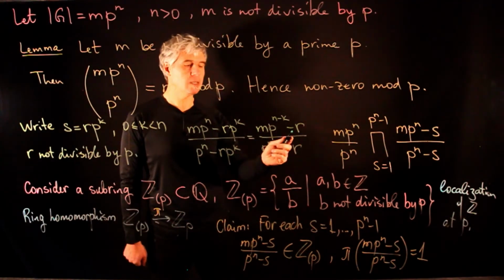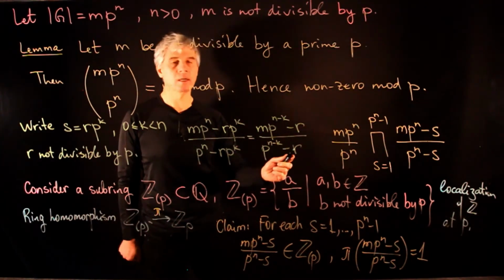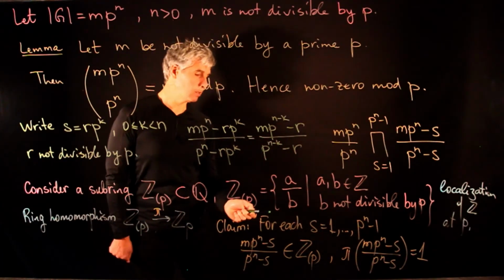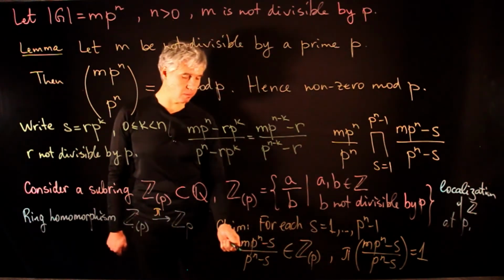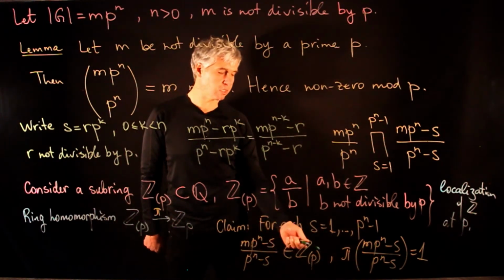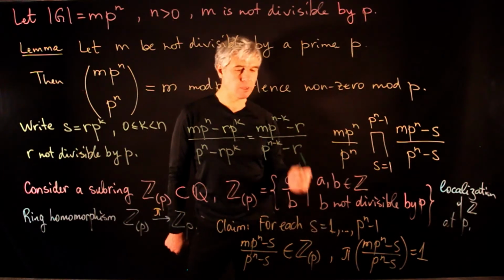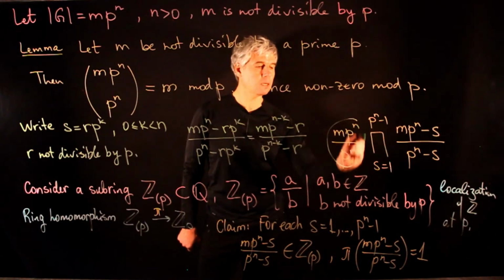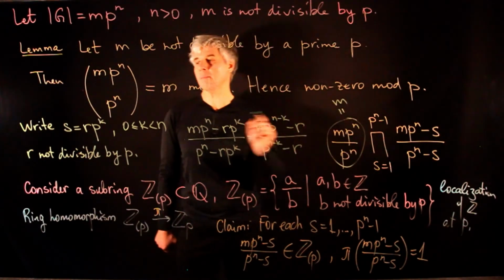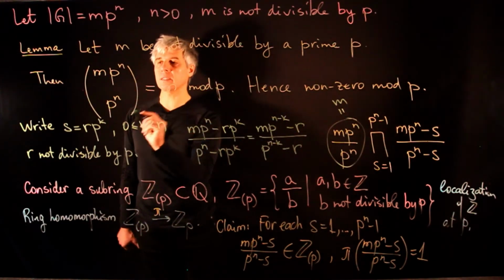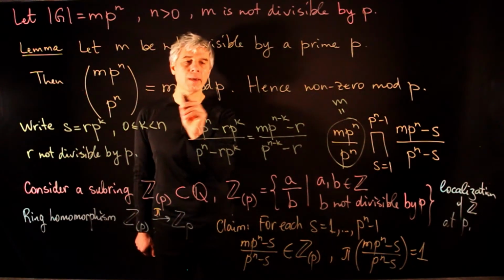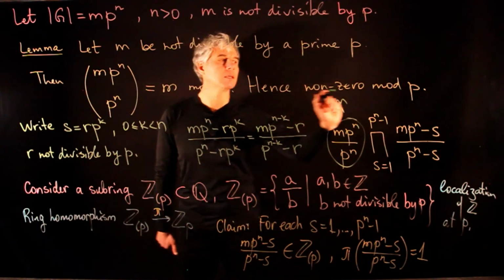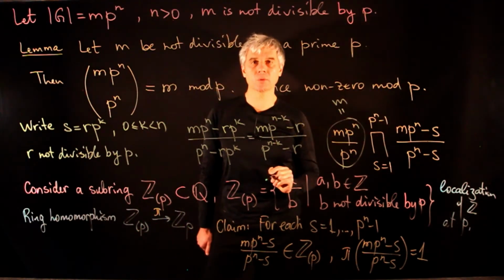And here we see that the numerator and denominator are no longer divisible by p, and they're equal mod p. And so this tells us that this fraction belongs to this localization of Z, and the reduction mod p of this fraction gives us 1. And so from here we get that this is equal to m, and this proves the result that this binomial coefficient is equal to m mod p. And since m is not divisible by p, we get that this coefficient is non-zero mod p.